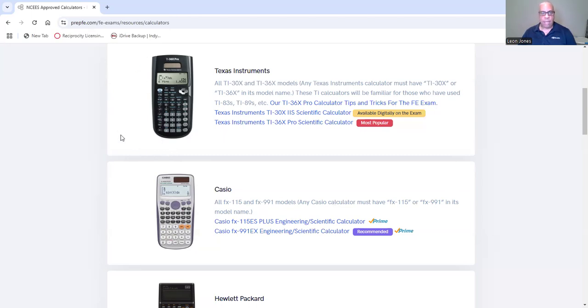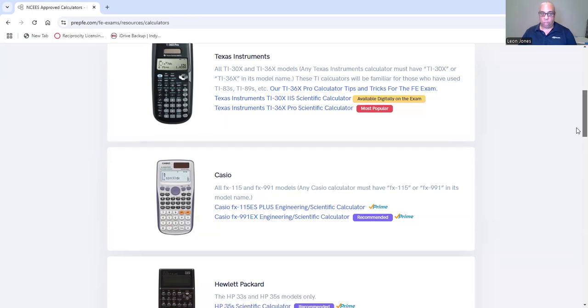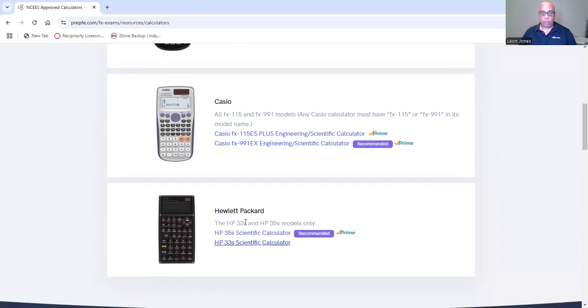For me, I like the TI-36X Pro. Easy for me to use. I understand it. It's the most popular as well. Then here's the Hewlett Packard, the 35S. The 35S is also a programmable calculator, very expensive calculator as well, but it's a good calculator.